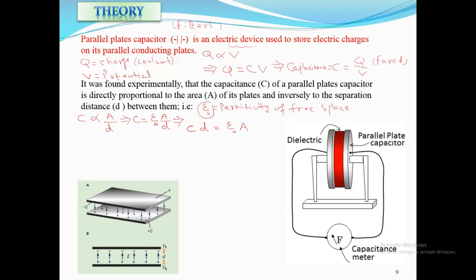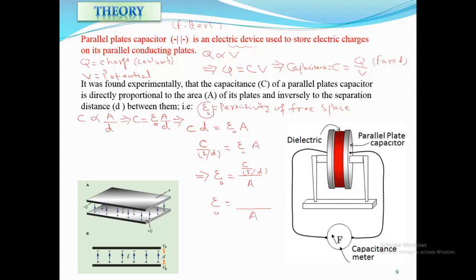I have the real value, but I will find it with the help of the experiment. So I can write C divided by 1 over D is equal to this. This will finally give me epsilon naught is equal to, I take this A to the other side, area, and this is C divided by 1 over D. So this is area.